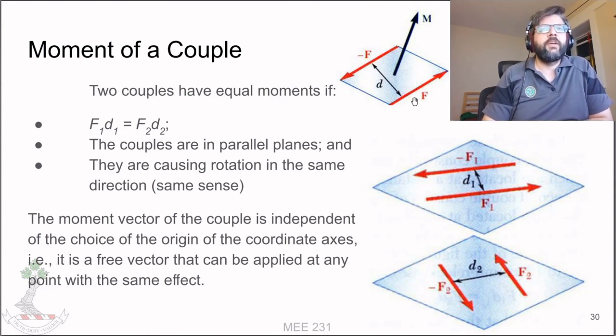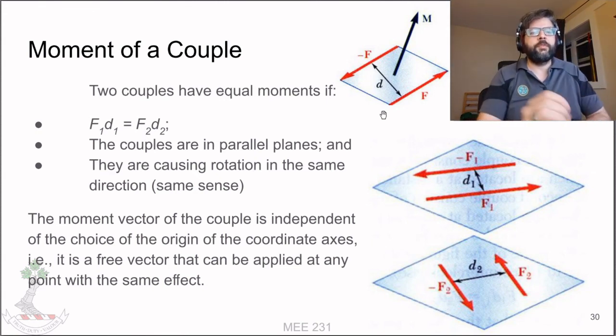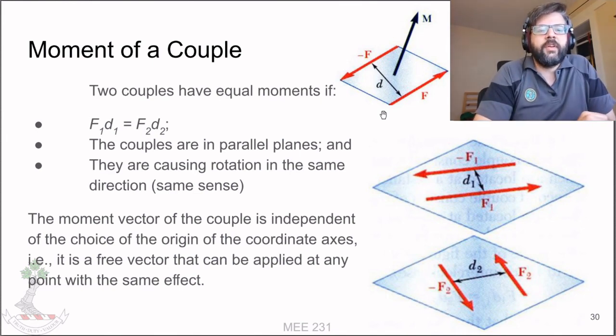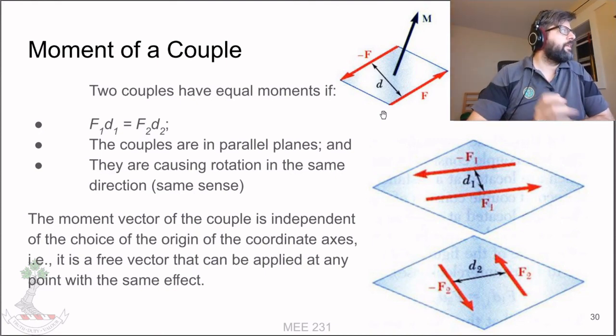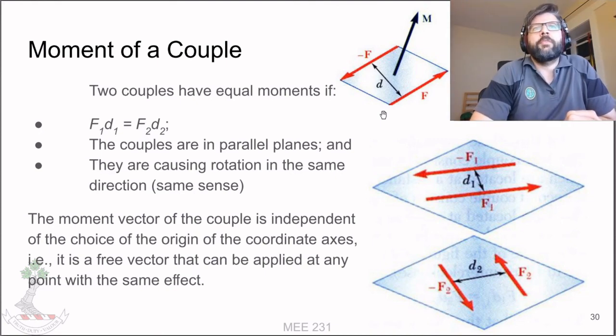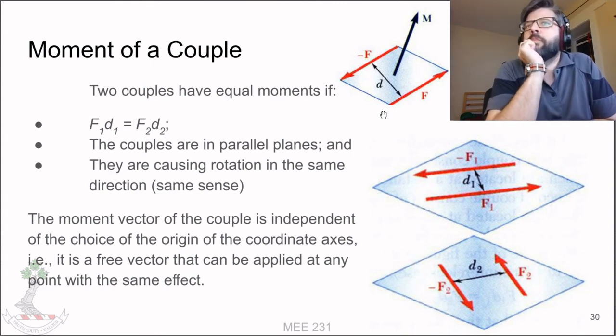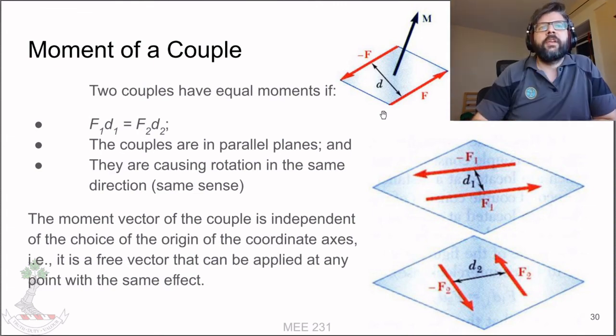When you apply those forces to a body, the actual forces cancel out, so you're not providing any tendency for lateral movement of the body in question. So it's still working out for equilibrium, but it is going to cause it to want to rotate. So a force couple applies a pure moment to the body in question.